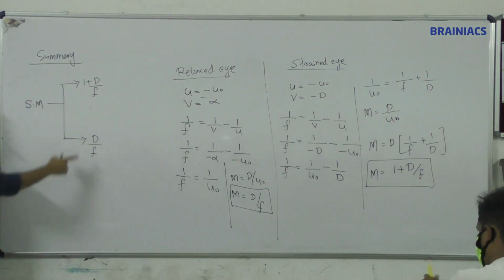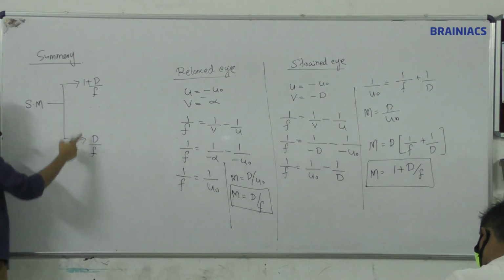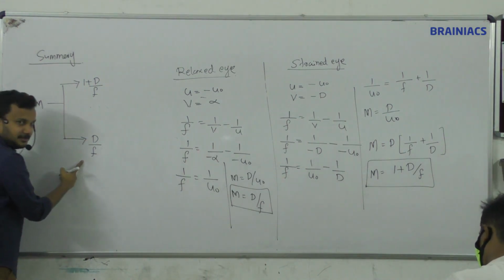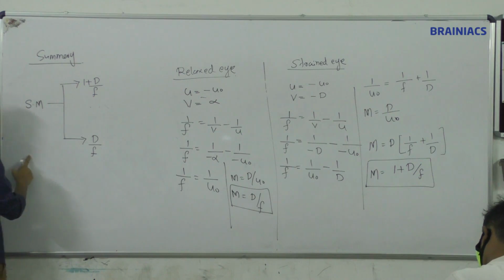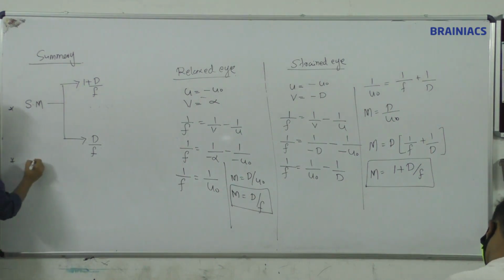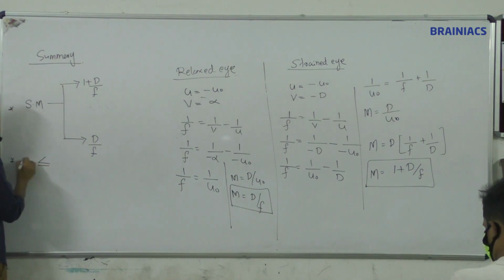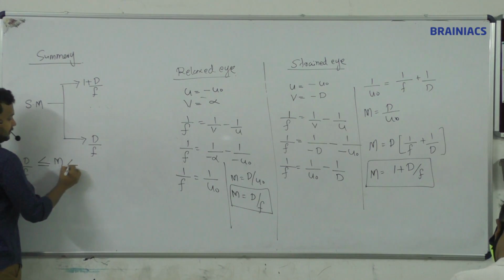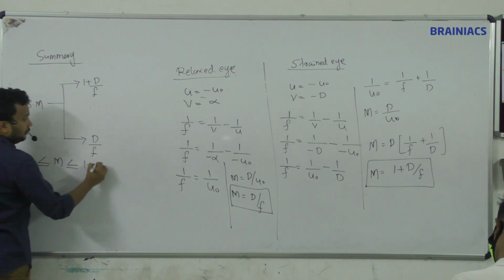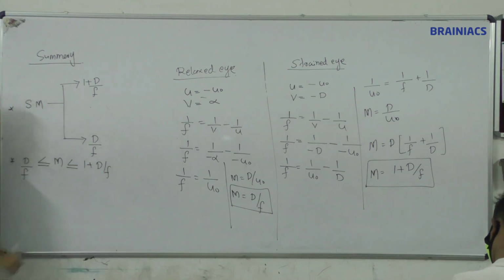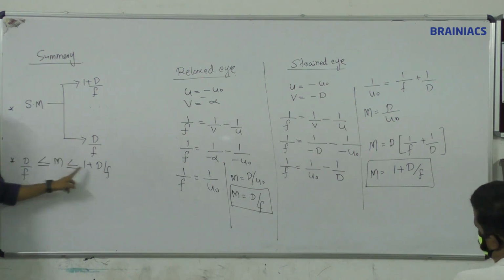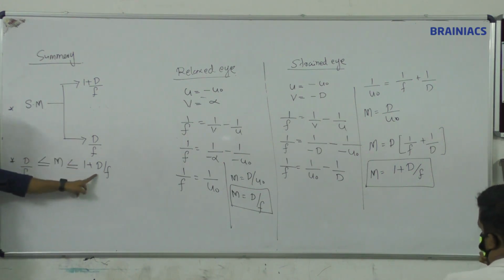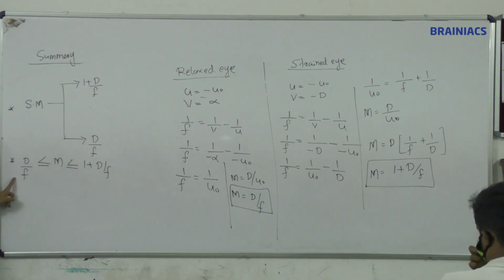The general formula applies. This is called strained eye, and this is called relaxed eye. Remember that wording. This is the first point. Second point in the summary: the magnification should be greater than or equal to D by f, and less than or equal to 1 plus D by f, because this is the maximum and this is the minimum.